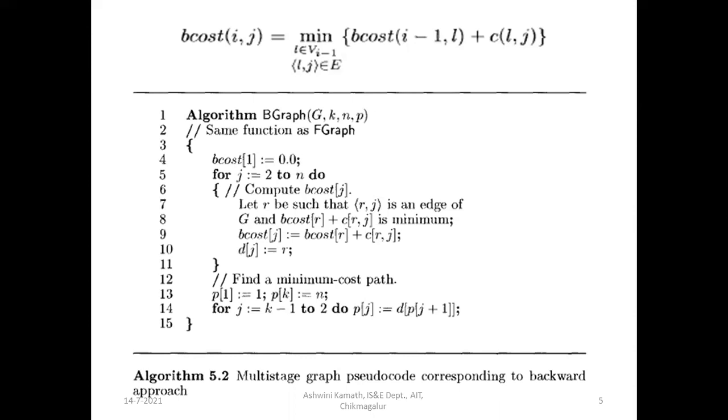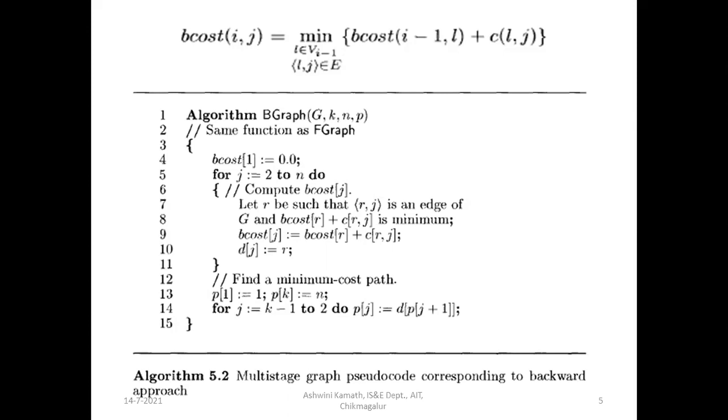Again here, let r be such that r, j is an edge of G, and B cost of r plus c of r, j is minimum. B cost of j is equal to B cost of r plus c of r, j. Then d of j is equal to r. It is similar to the previous one.